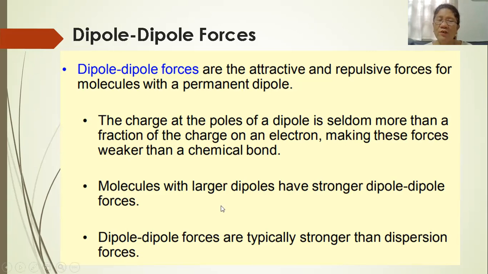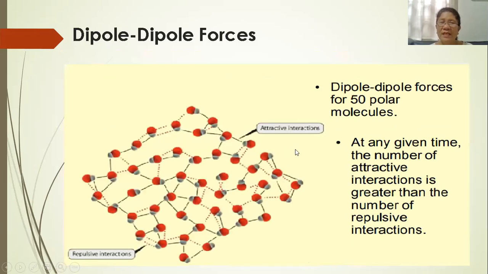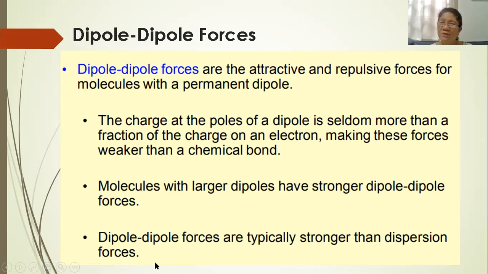Another thing is that molecules with a large dipole have stronger dipole-dipole force. Dipole-dipole forces are typically stronger than dispersion force. Here, this is the dipole-dipole force. The dipole is stronger compared to dispersion force.